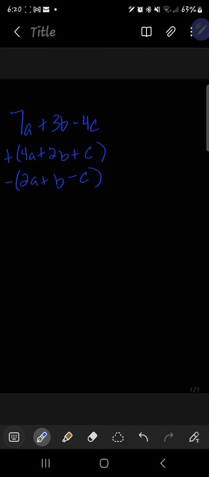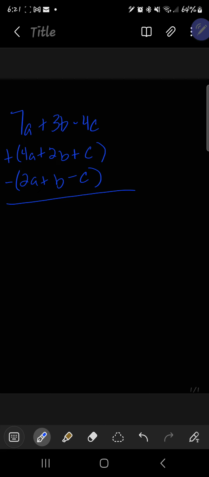I always try to line up my like terms. So this is something that you should try to do as well, is line up your like terms. So a and a squared are different. This a here does not have the square that this one does. So they are not like terms and you cannot add them together.